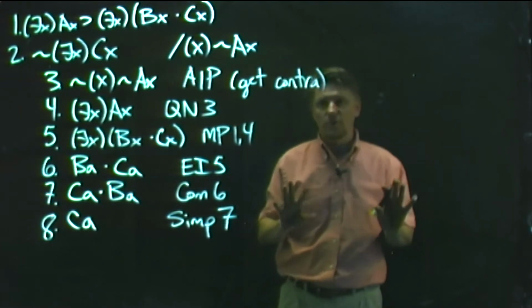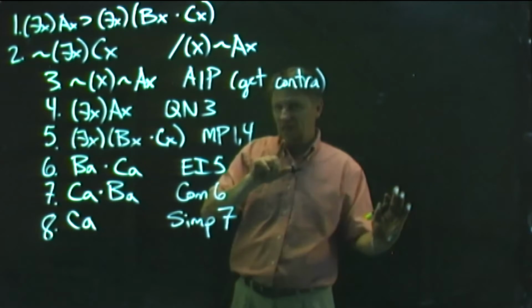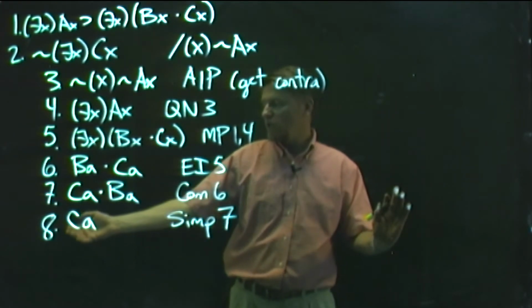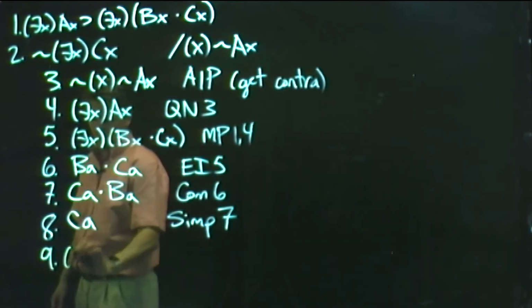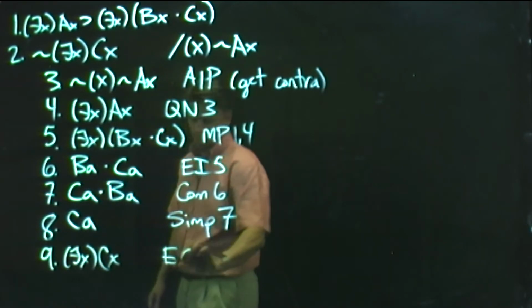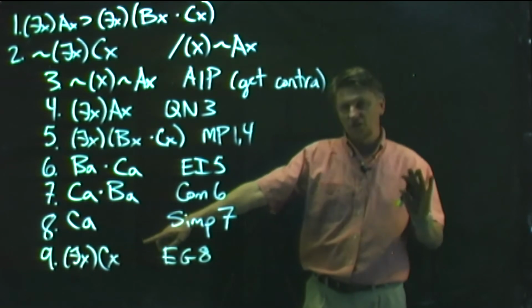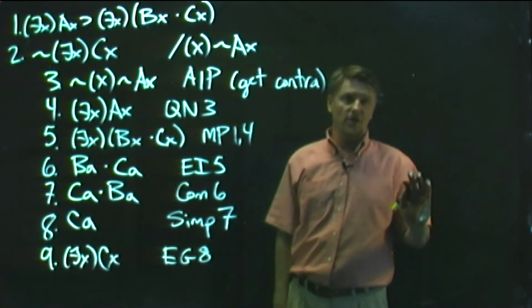And that would work. That would be an option. It will take an extra step in the end to do it that way. Instead, what we can do is we can always do EG. So we can do EG on line 8 to get there exists an x, Cx. And of course, now with 2 and 9, that's going to be our contradiction.